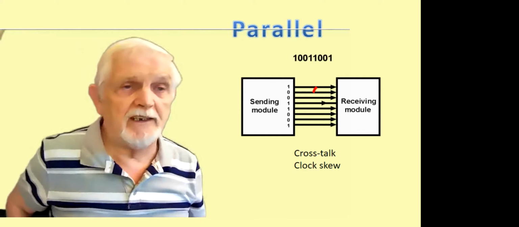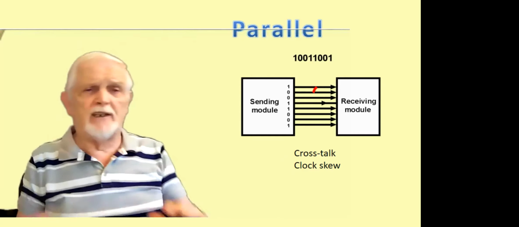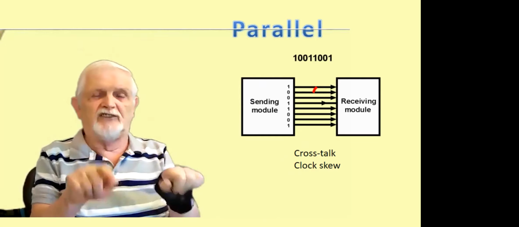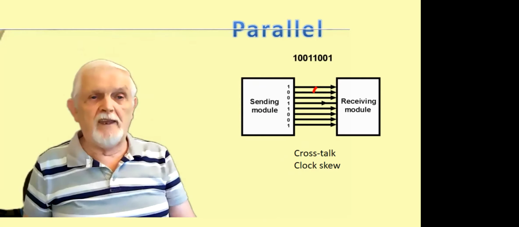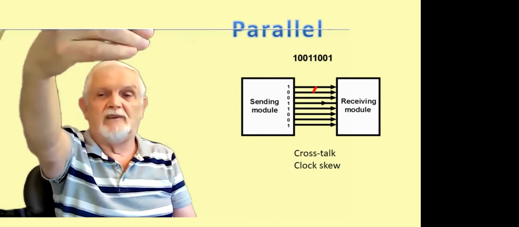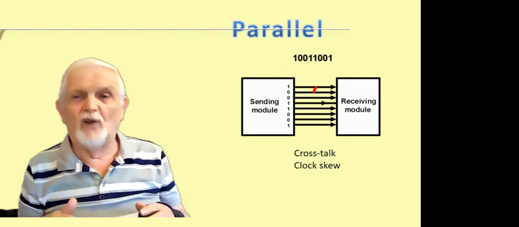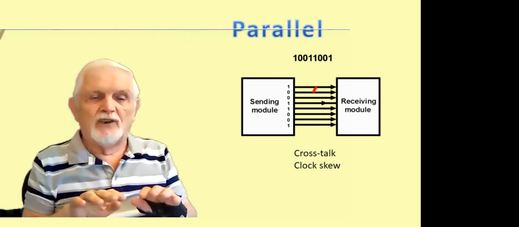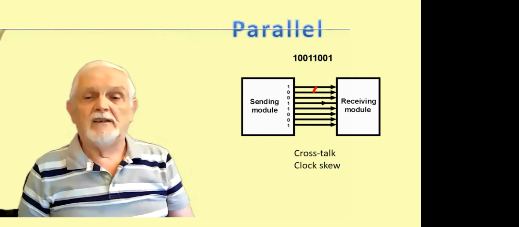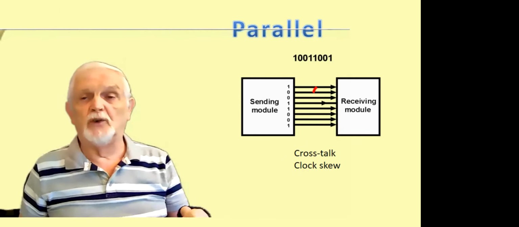And the other is what they call skew. It's a bit like saying, if I got all you guys to go on an 8-lane motorway and told you to drive at exactly 30 miles an hour, in theory, you should all arrive at the destination point at the exact same time. But in the real world, some of you arrive a bit earlier, a bit later than the others. And that's the problem about skew.